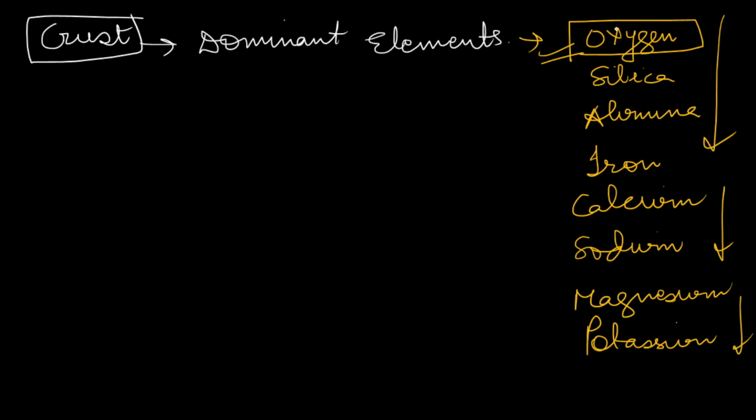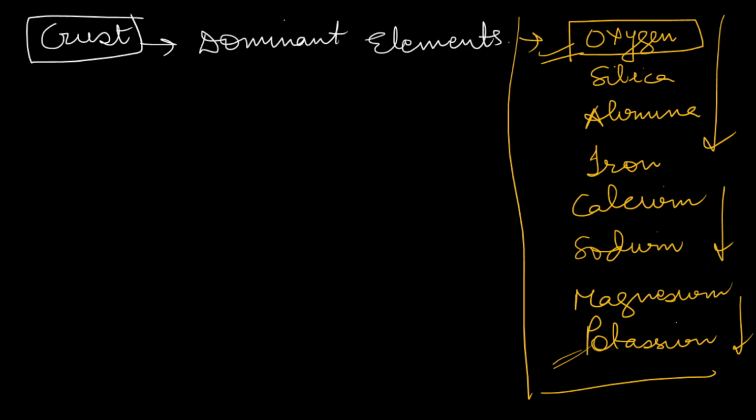So oxygen is the most dominant, and in the table potassium is the least dominant. So do remember at least the top 3, 4, 5, because they will ask you. They have asked in previous examinations in CDS, CAPF. So there are high chances that these questions can repeat in CSE also. So this is the important table which you should remember, the dominant elements of the crust.